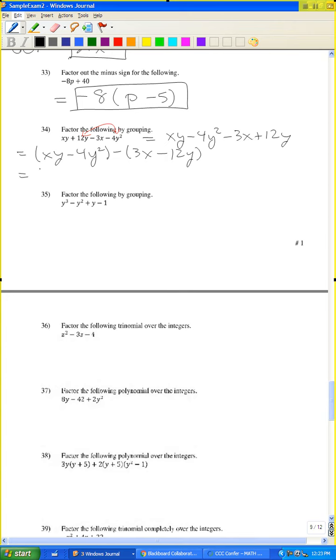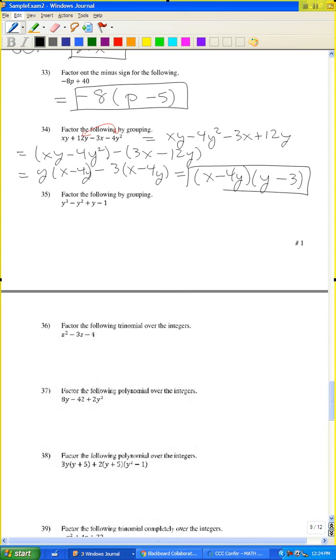Factor out what's in common. y, what remains, x minus 4y. Negative 3, x minus 4y. And so what's in common? x minus 4y. What remains? y minus 3. And that is your answer.